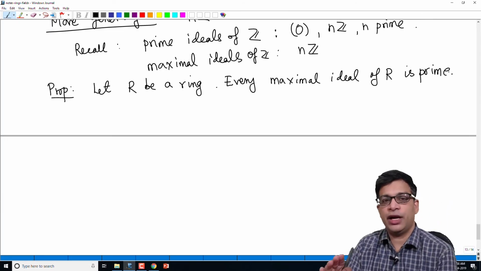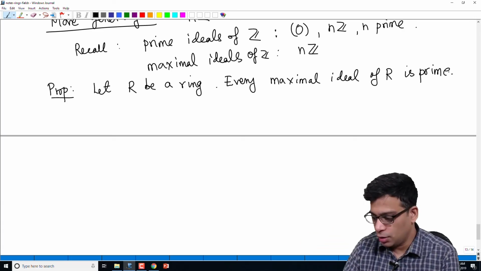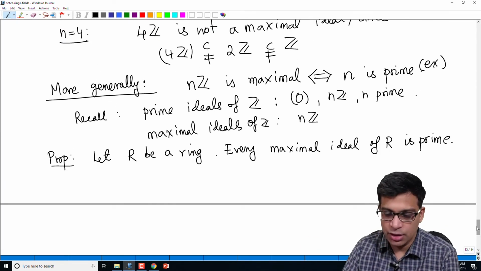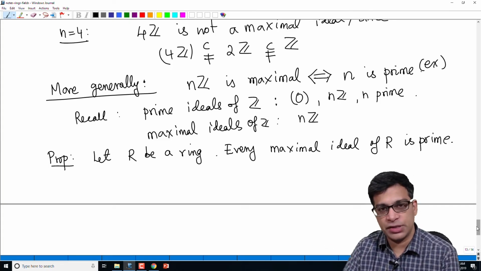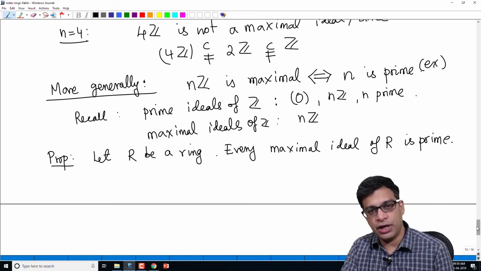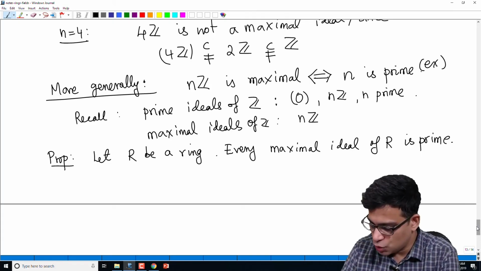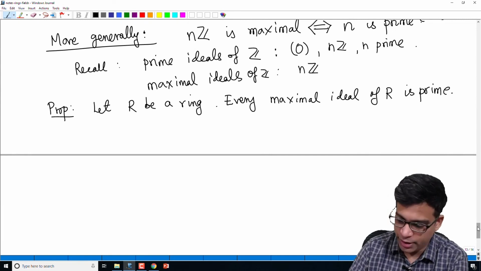So a maximal ideal is automatically prime. We know that the prime ideals are not always maximal because the 0 ideal of the integers is prime, because product of two integers is 0 means one of them is 0, but the 0 ideal of Z is not maximal because the ideal 2Z contains 0Z properly and 2Z is a proper ideal. So prime ideals are not always maximal. However, maximal ideals are always proper.